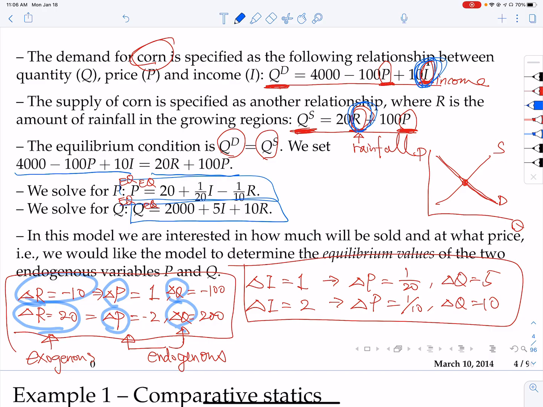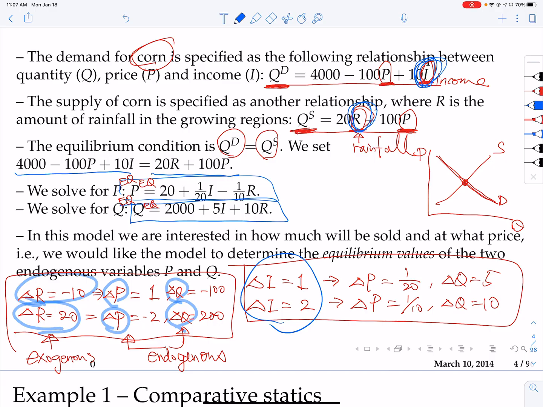So similarly, we can do the same thing with income. When we are looking at the corn market, income is not exactly exogenous. To be precise, if you're the seller, how much corn you can sell determines your income. And even if you're a consumer, depending on how much money you spend on the corn, the money you can spend on something else also changes, right?